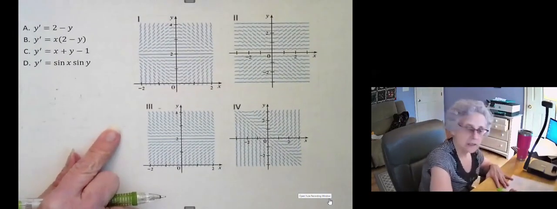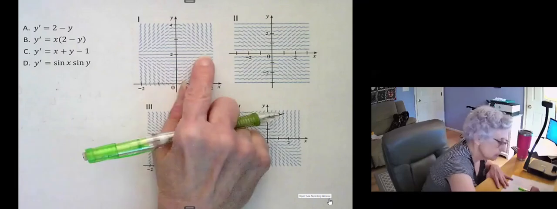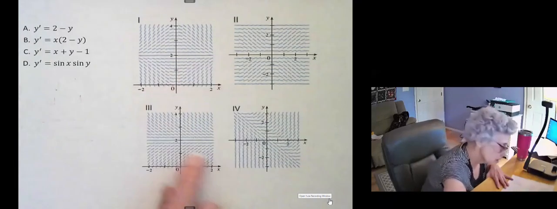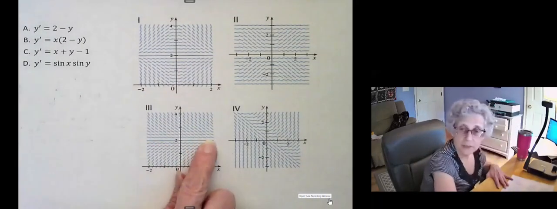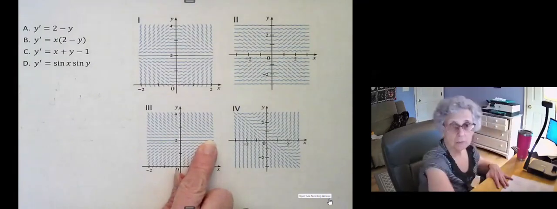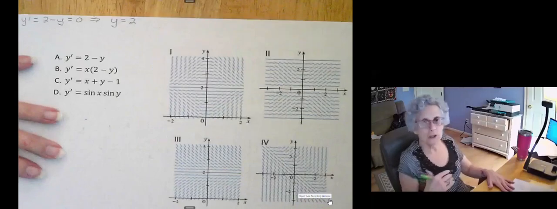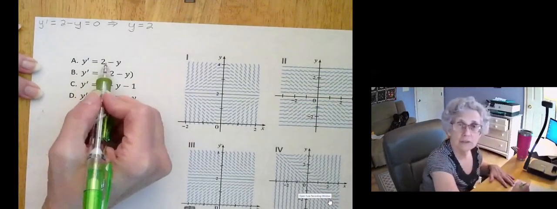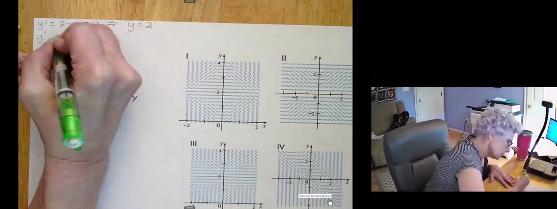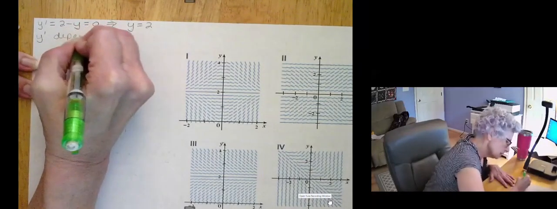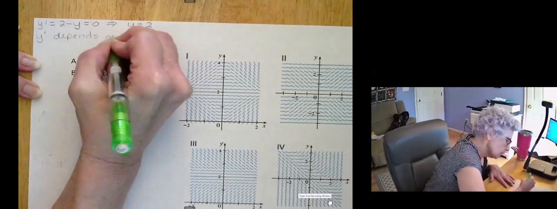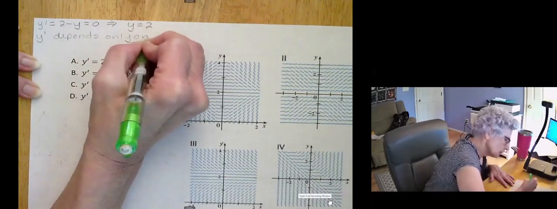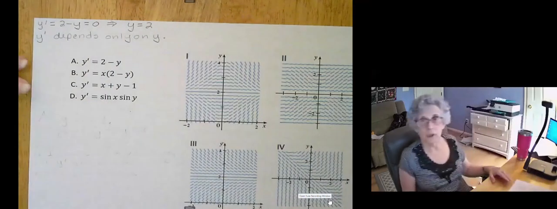So I look over here at my slope fields. This one has horizontal lines at 2, and this one has horizontal lines at 2. So I'm going to have to work a little harder for it. So the next thing I notice is that my derivative only has y's in it. So y prime depends only on y.